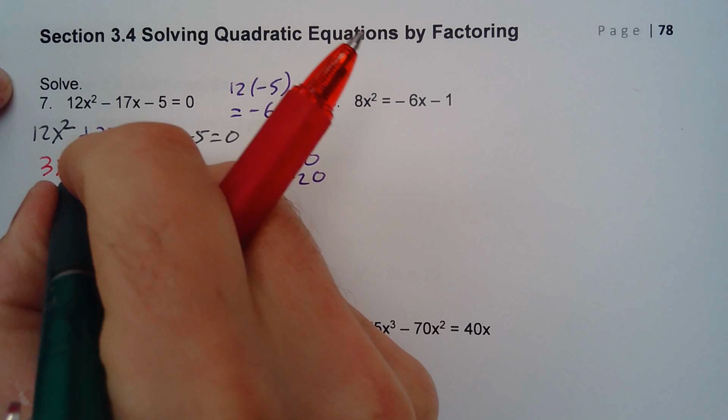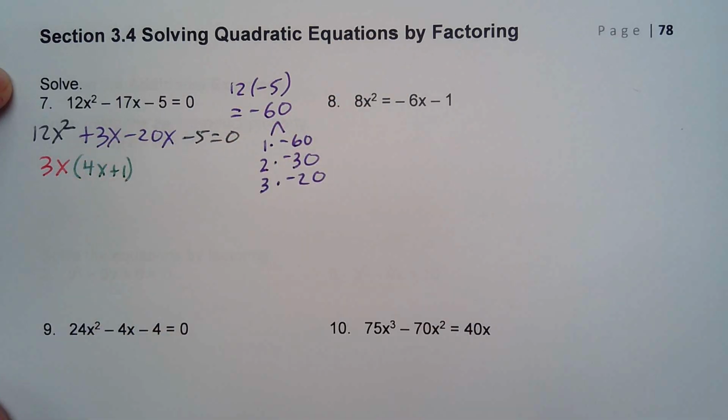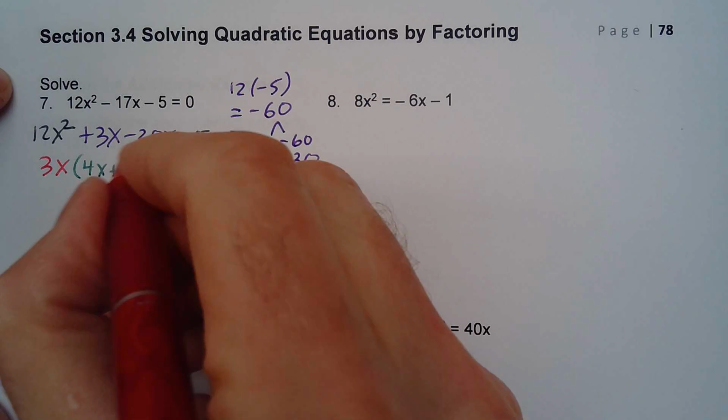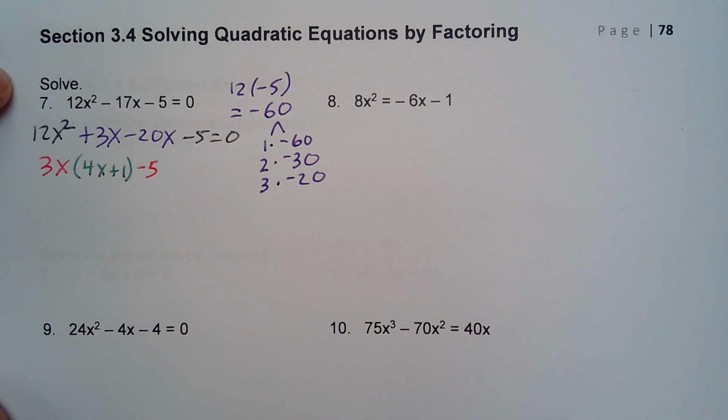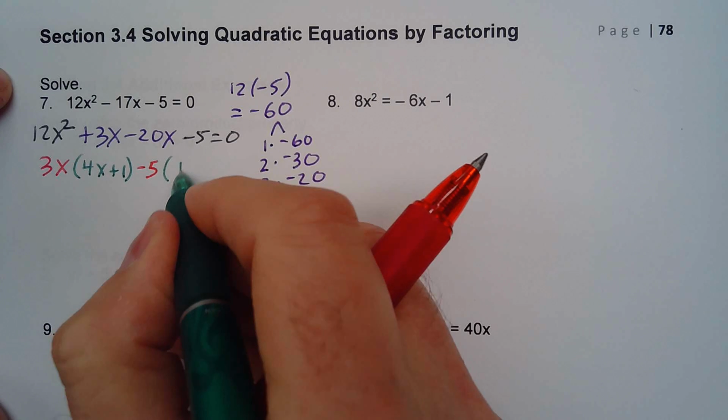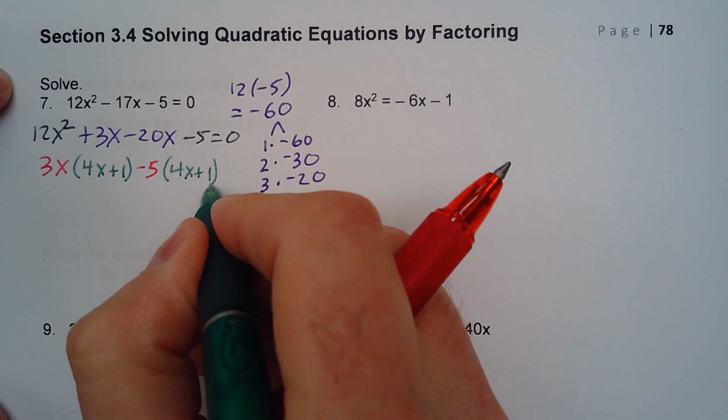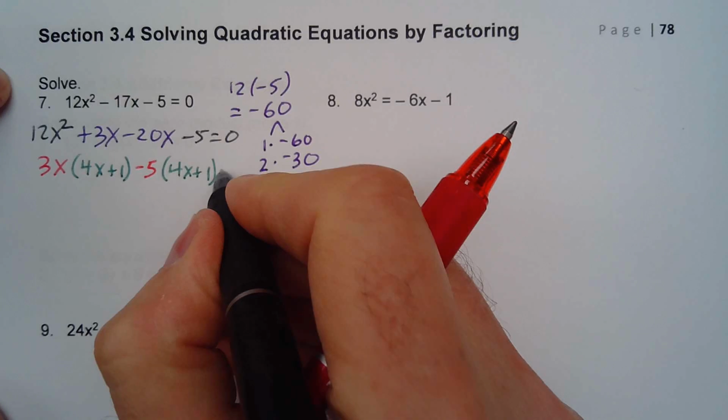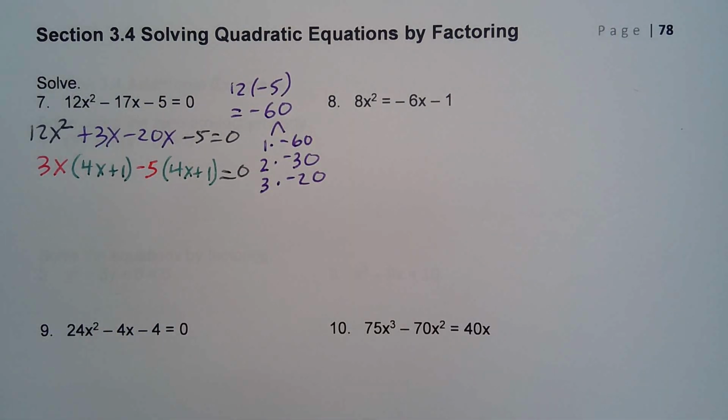My leftovers are 4x plus 1. My last two terms have a negative 5 in common. It's 4x plus 1. And now my two pieces have that 4x plus 1 in common, so we're going to factor that out.